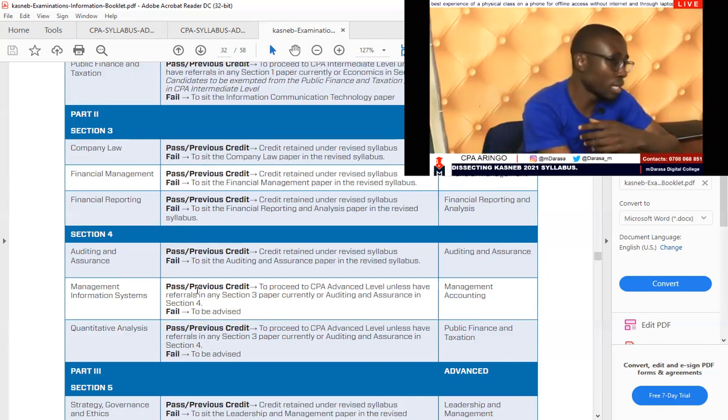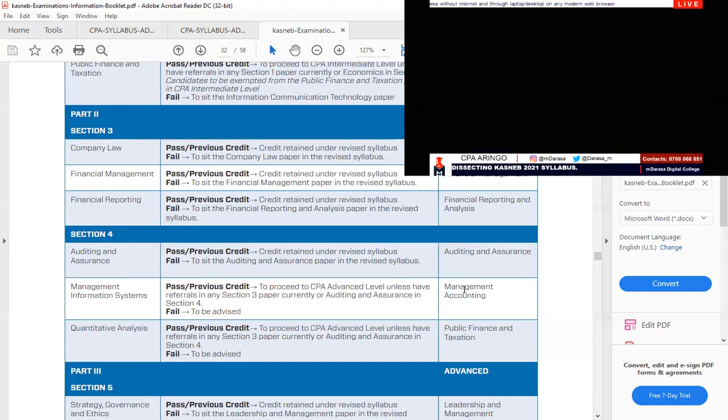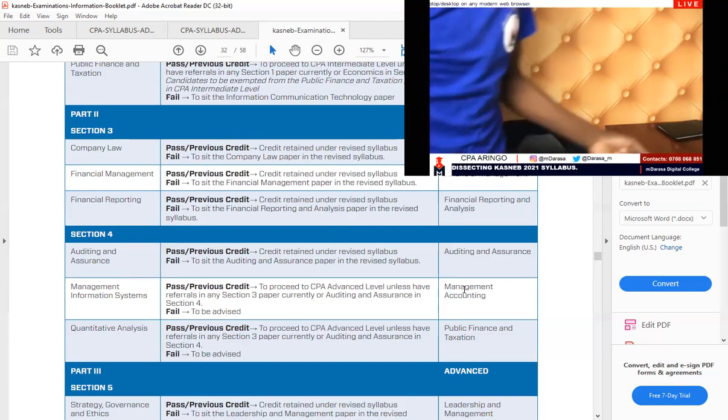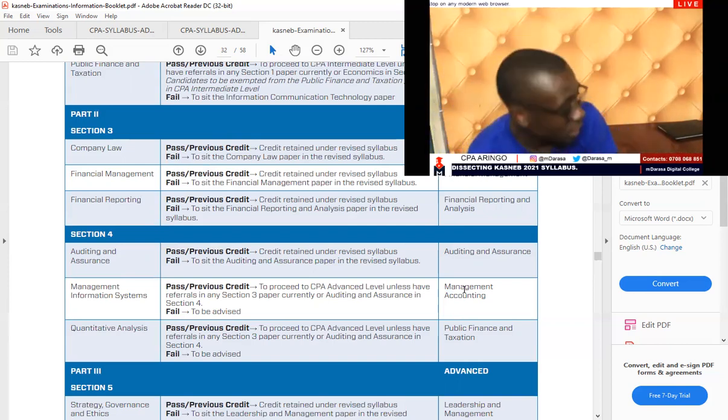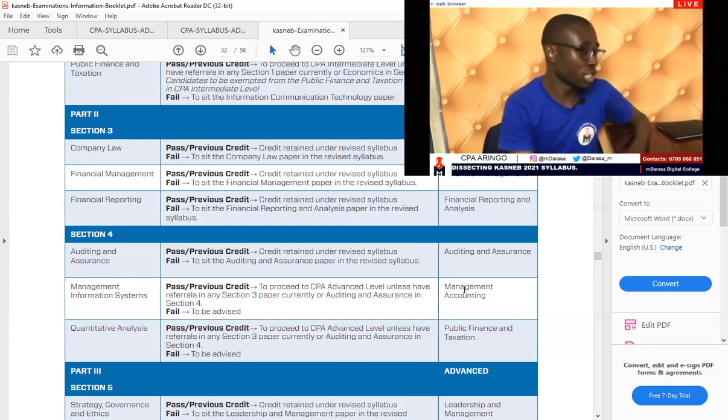So maybe in the event that you have failed, God forbid, and you had earned a credit initially, meaning that you want to do management accounting again, at this point probably you've not done QA. And I'm not saying that you're going to do QA. Let us leave it to Kasneb. They are going to advise on what we'll be doing there. Or maybe if I get info in relation to the same, I'm still going to share with you guys.